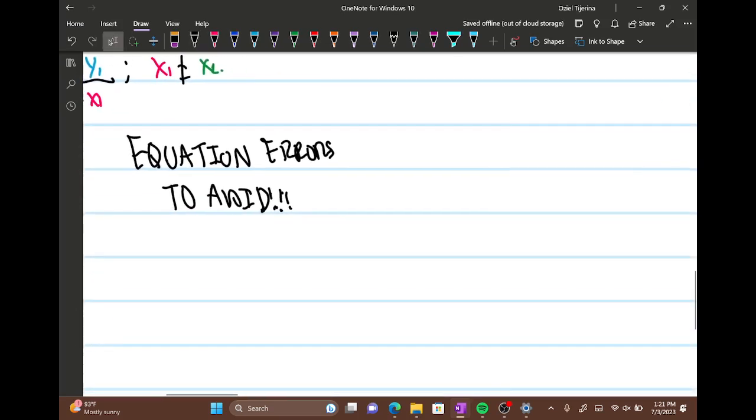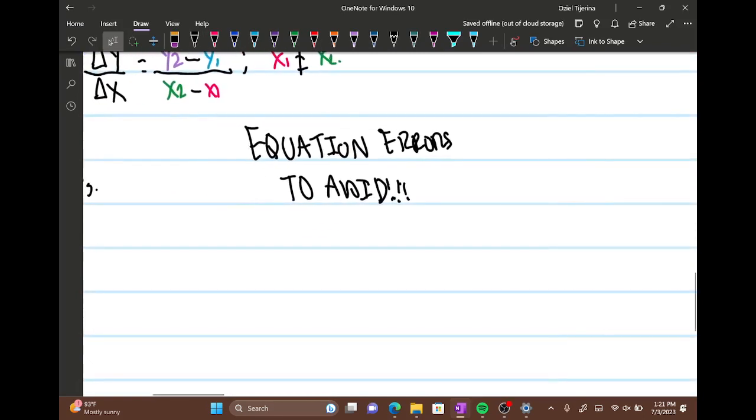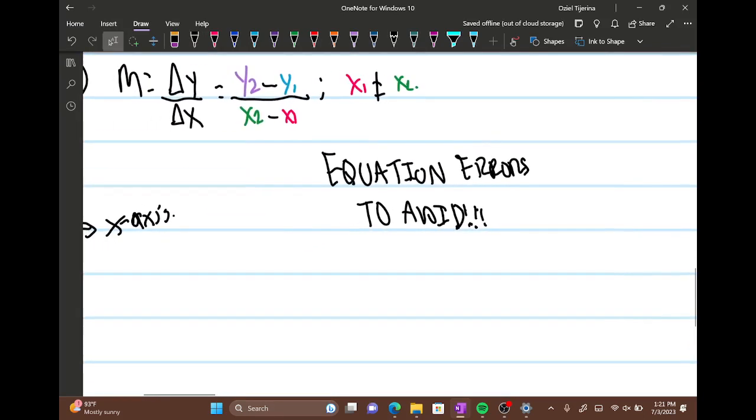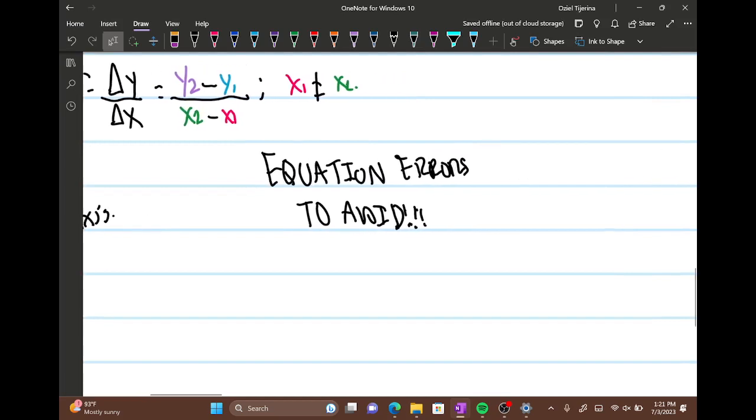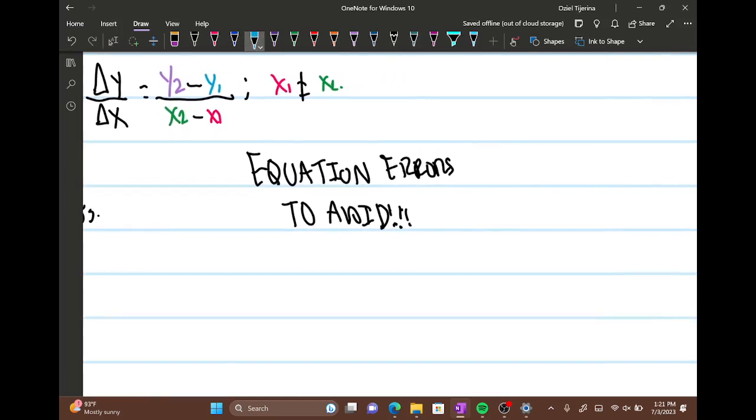Of course, the way that we would do it is, there's two correct ways. This is one of the correct ways. The other correct way you can say it is if you say y1 minus y2 over x1 minus x2. It really doesn't matter, like I said.